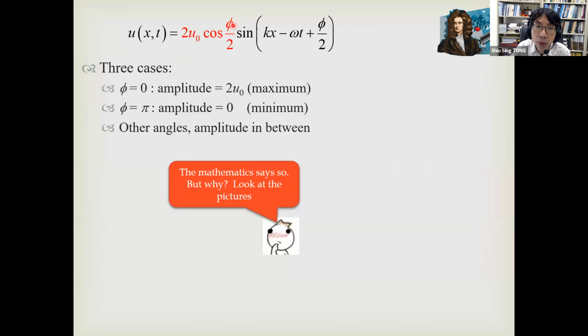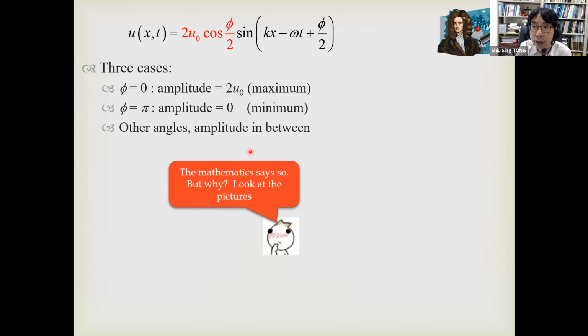If the phase angle is equal to pi, then this term becomes pi over 2. Cosine pi over 2 is 0, and I get a zero disturbance. So the minimum value for this disturbance is 0, the maximum value is with the amplitude 2 U0, and for other angles of phi, the amplitude will be in between 2 U0 and 0.